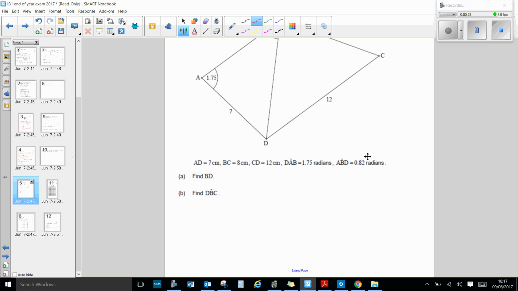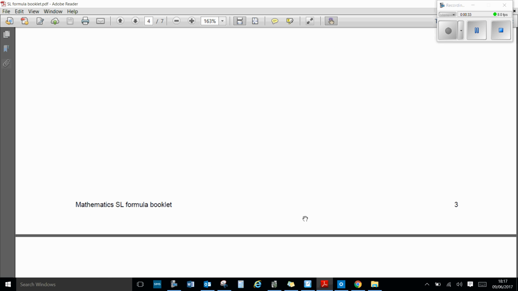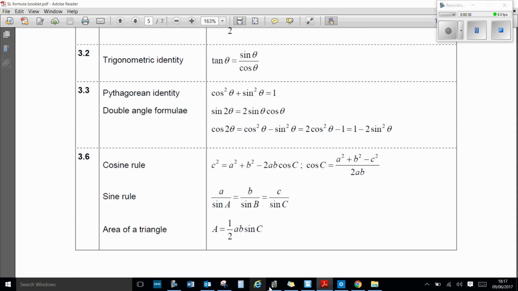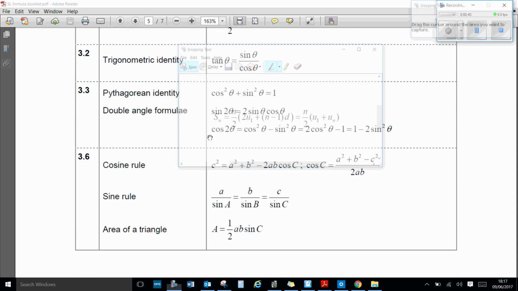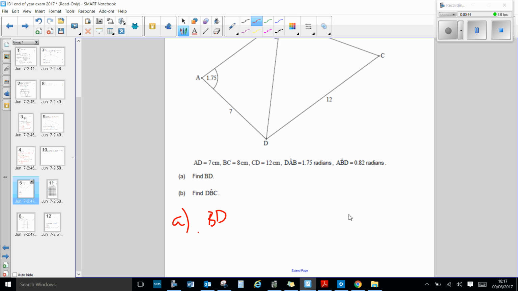If we're trying to find BD, we're going to use the sine rule. Remember, you're only going to be using a small portion of it.